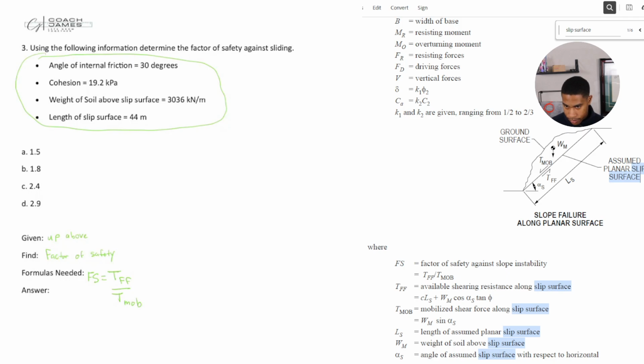Do I know TFF? Well, can I get it? Do I have C? I have cohesion. LS is the length of the assumed planar slip surface, so I have LS. What about WM? It's the weight of the soil above the slip surface. I have that at 3,036 kilonewtons per meter. Okay. Do I have this angle of assumed slip surface?